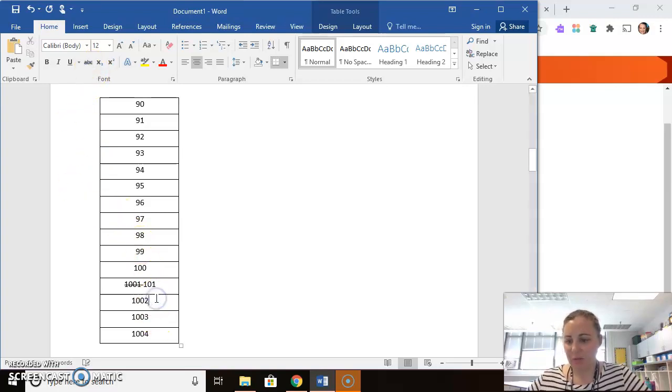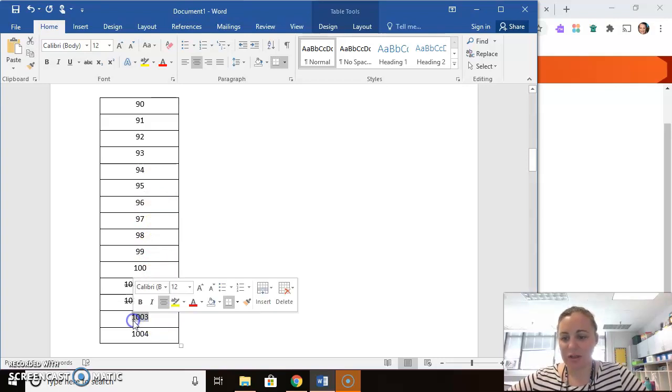So if I wanted to fix that, 101. So looking at this one, does this say 102? No, it does not. It says 1002. So how would I write 102? Good, 102. What's wrong with this one here? Does it say 103? You're right, it does not.